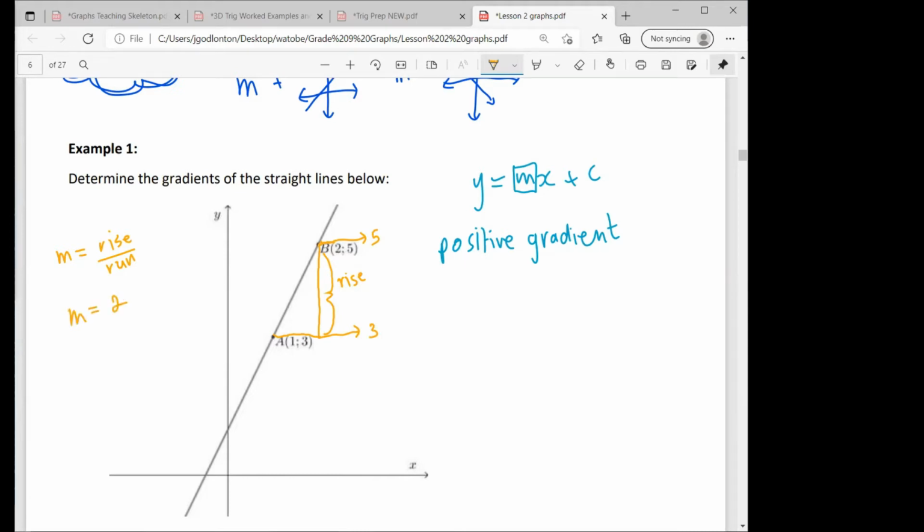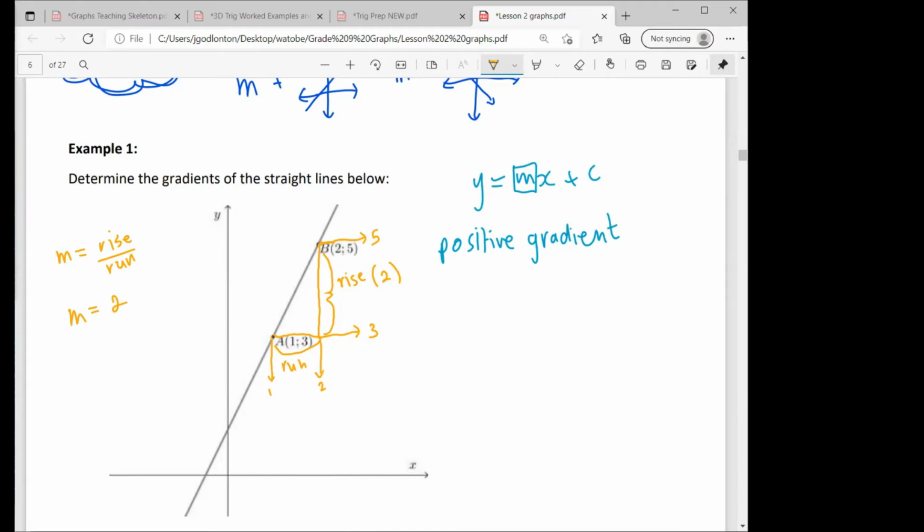Okay. And then if I want to look at my run, that's my running across. And this x value is 1 and this x value is 2. So what is my run? How much have I gone across? One.